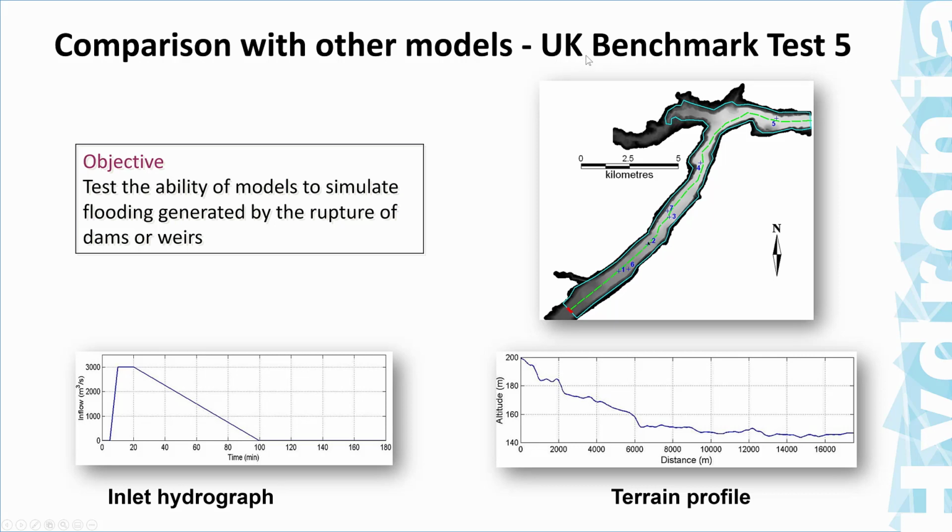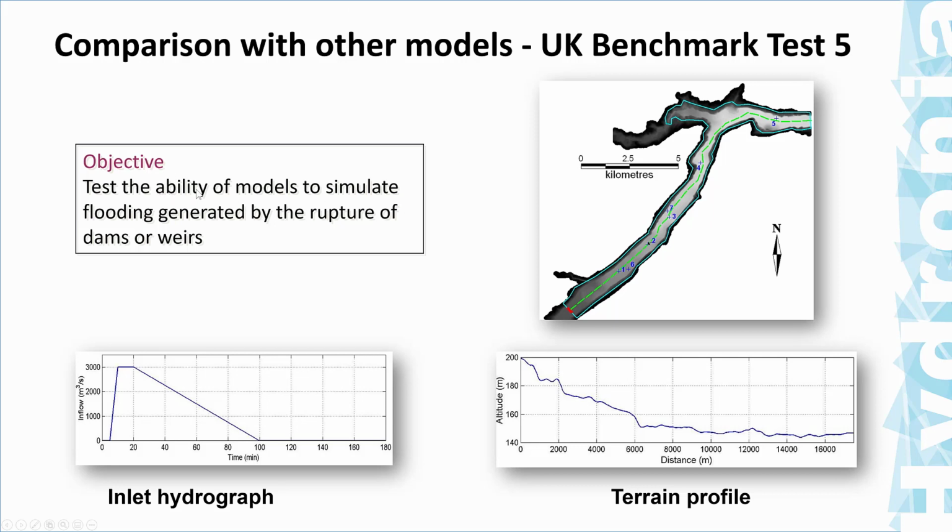The UK Ministry of Environment created a set of benchmark tests by which anybody can have access to different data sets to compare two-dimensional models. So what we did was to take one of these tests, test 5, which corresponds to a dam break, and run it and compare it with other models to see how fast Hydrobit Flood was.